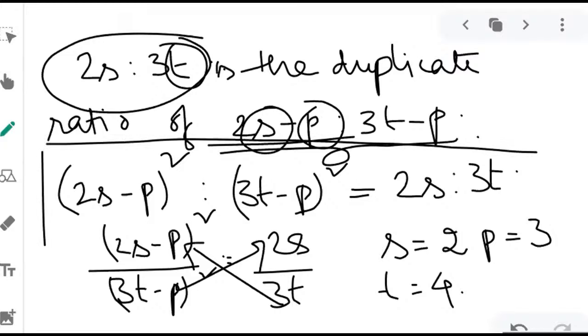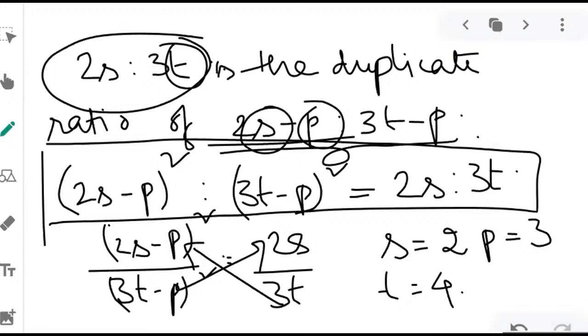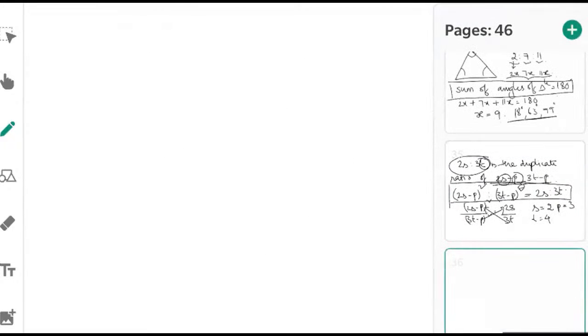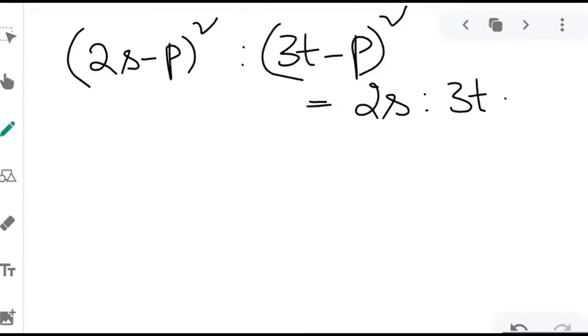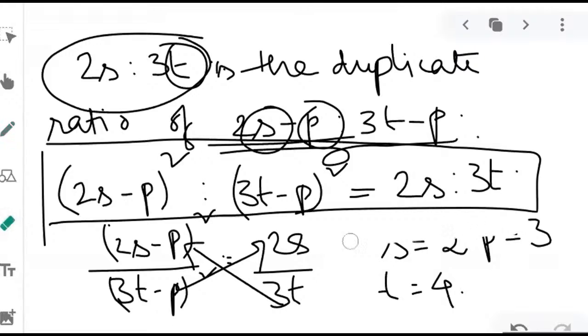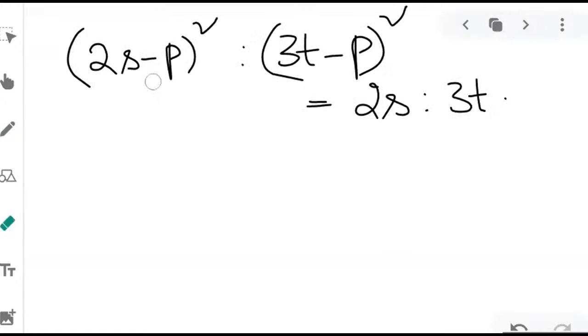Now first of all write this equation: 2s minus p whole square is to 3t minus p whole square is equal to 2s is to 3t. Take the values of s equal to 2 and substitute it here.